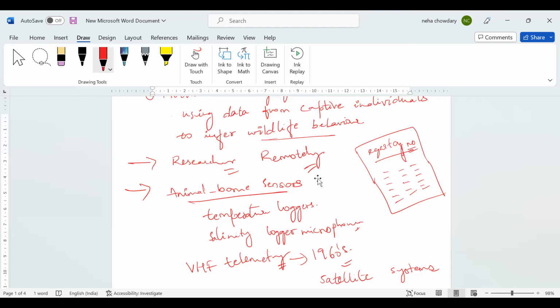So with that, they prepared the inputs taken from them: feeding, grooming, resting, caching.